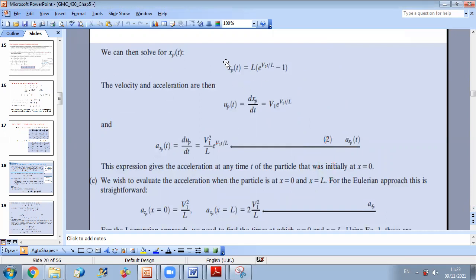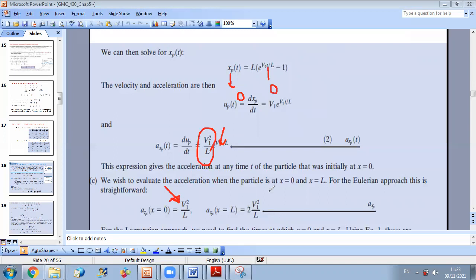From this relation, we set for X equals 0, what was the time T? We can get what is the value of time T. T was 0, okay? And then we replace T by 0 here, and we get V1 squared over L, which is exactly the same result we got in the Eulerian approach.